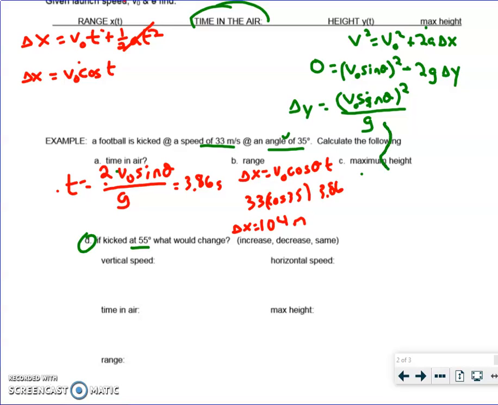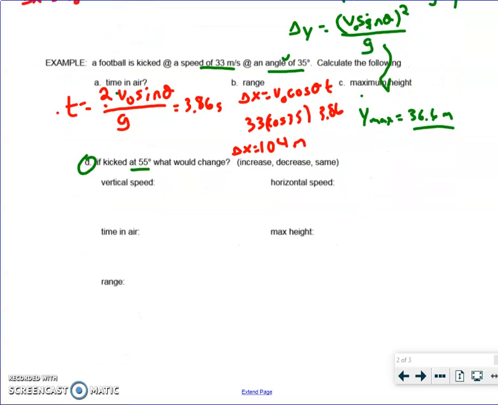So if I plug in the numbers here, I'm going to do 33 times the sine of 35, square that, and then divide by g, 9.8, and I get a maximum height. I'm going to call that y max of 36.6 meters. Okay, so look over those carefully because the algebra is a little bit more involved, but it's the same physics.